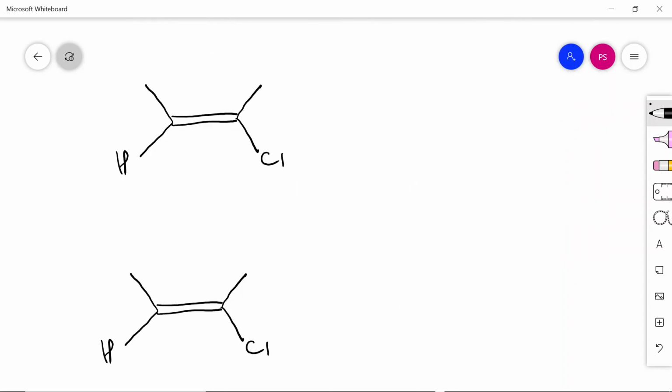Now look at this compound. Let's check out whether it is optically active or not. Stereoisomers which are non-superimposable on their mirror image are optically active, and a compound and its mirror image are both enantiomers or optical isomers. But we have to first check whether these two are superimposable or non-superimposable.